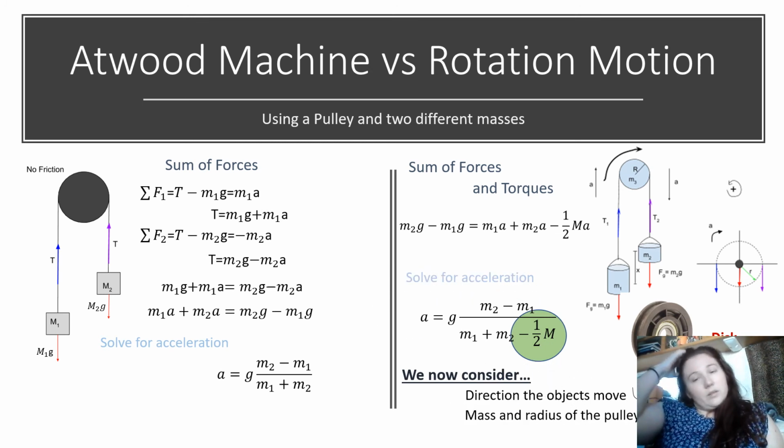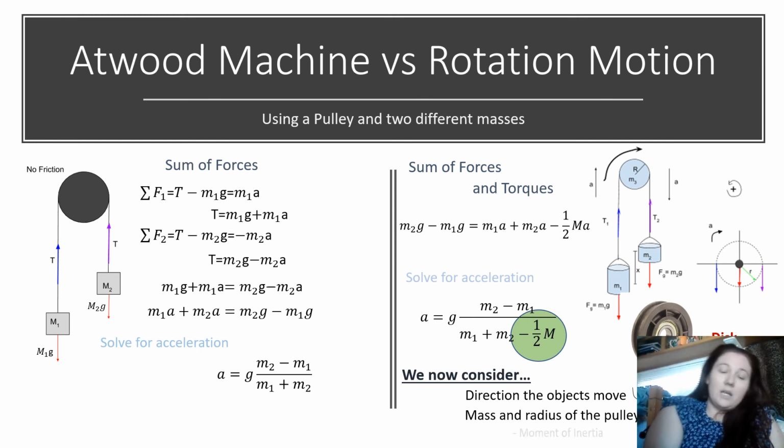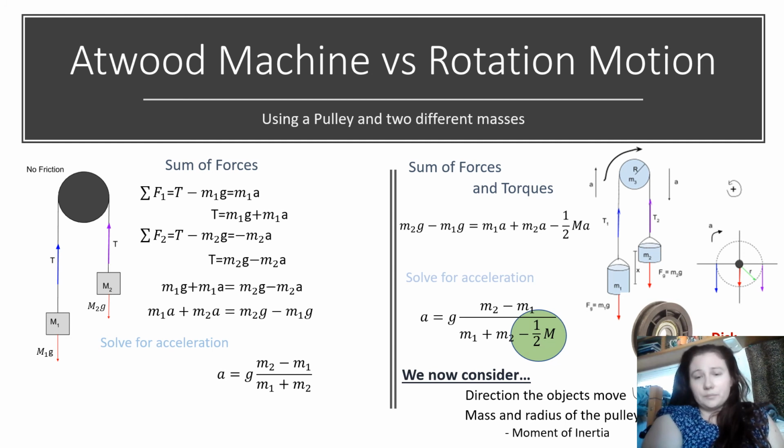Then we also need to consider the mass and radius of the pulley, and we use that in the moment of inertia. To find the moment of inertia of something, we need to know the shape of the object. And that's the difference between the Atwood machine and using the rotational motion equations.